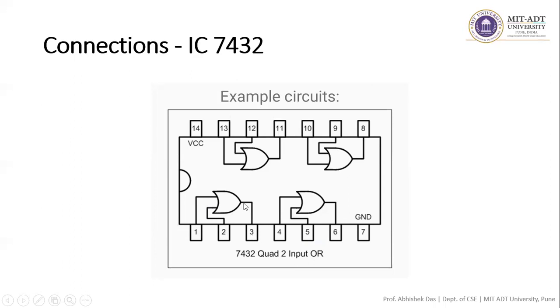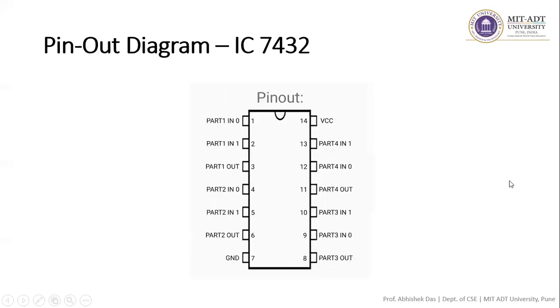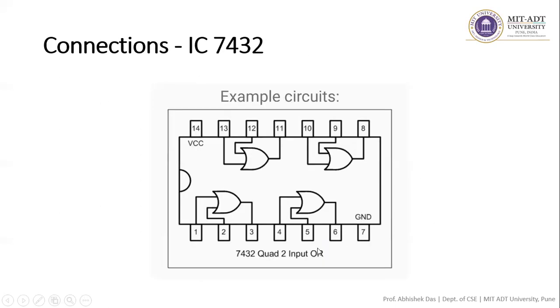Pin 7 is the 0 volt supply you will have to connect, and for VCC you will have to connect 5 volt. Then pin numbers 12 and 13 are both inputs, and 11 is the output. And again 9 and 10 are both inputs, and 8 is the output. So this is just the example of the quad 2 input OR gate.